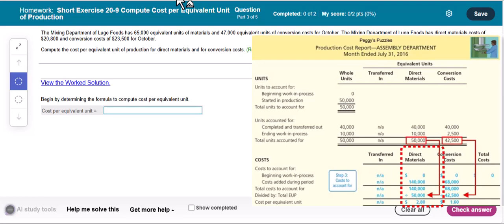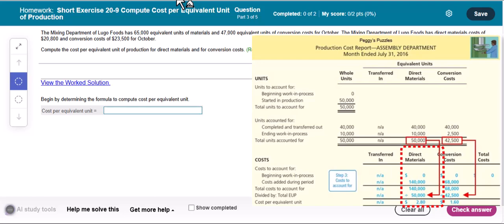We divided by the 50,000 equivalent units to account for, and that's when we get the $2.80. What this $2.80 means is that per equivalent unit, so per finished puzzle, there's $2.80 of direct materials used.